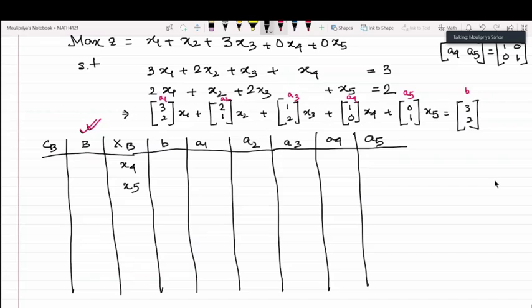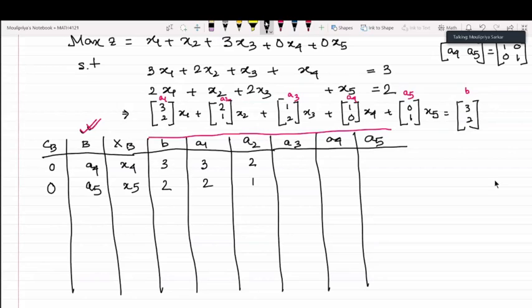So what do we write in place of capital B? It will be A4 and A5, 1, 0 and 0, 1. CB, the corresponding cost parameters of x4 and x5, they are 0 each. So we are going to write 0, 0. Small b, 3, 2. A1, again 3, 2. A2, 2, 1.